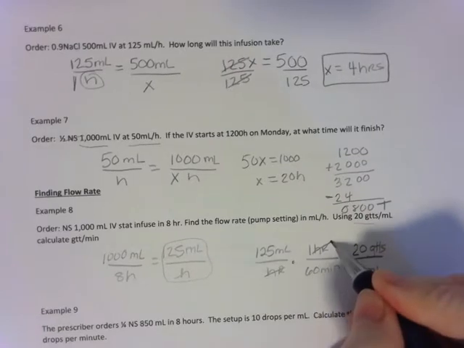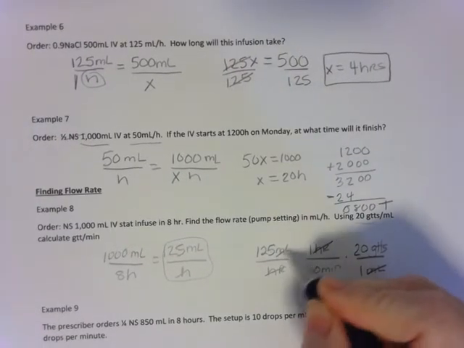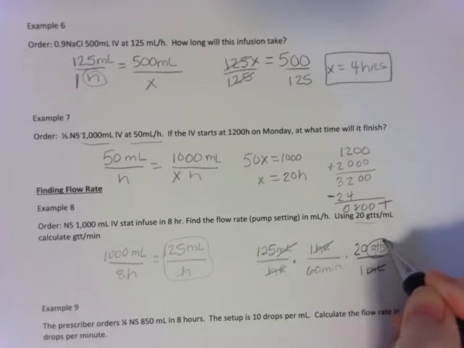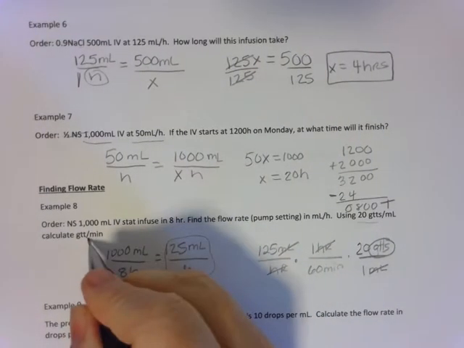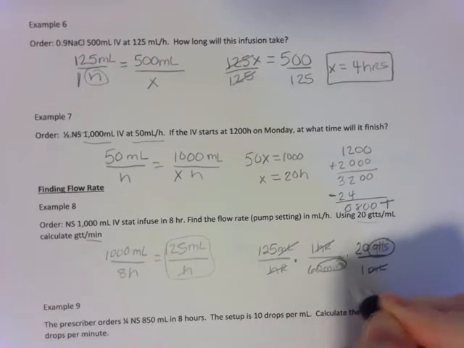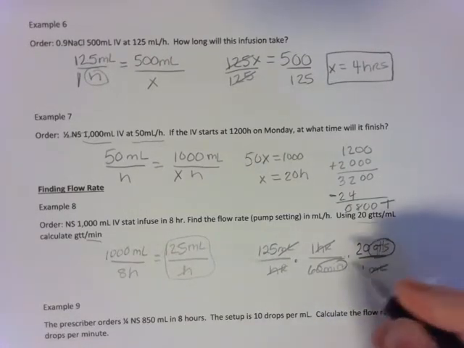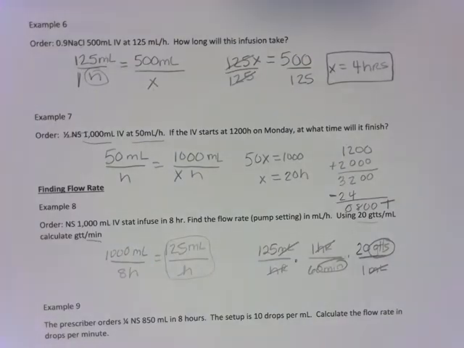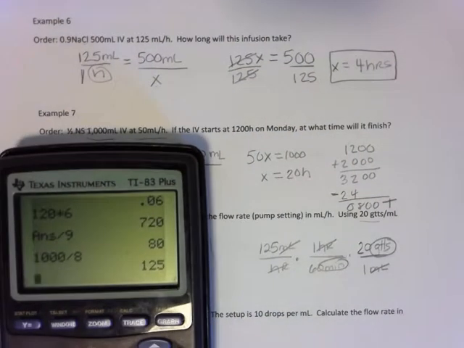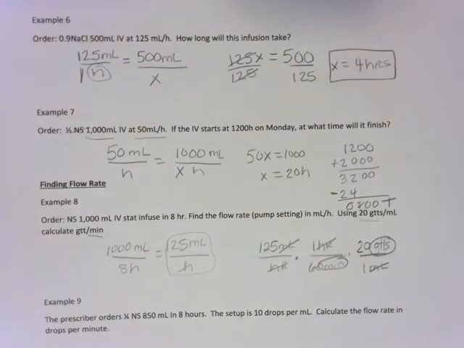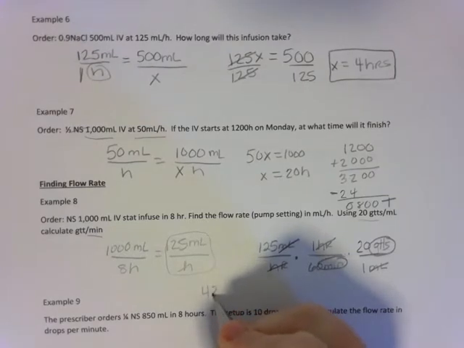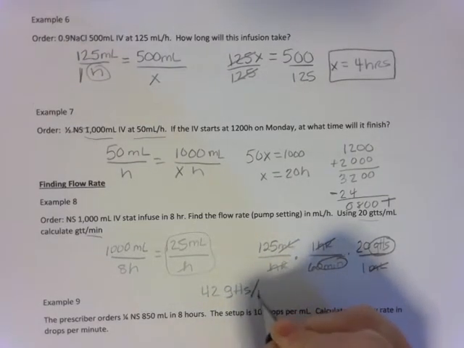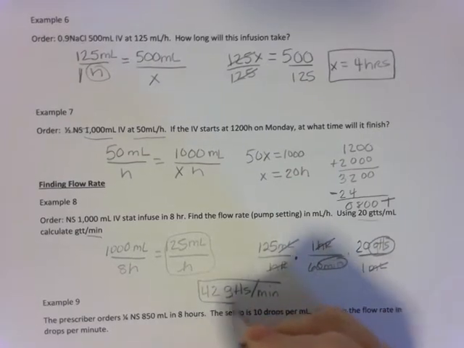Hours cancel, mLs cancel. We have drops per minute. And that's exactly what we want. So now we just do the multiplication and the division. So I have 20 times 125 divided by 60. And I'm going to round that to 42 drops per minute.